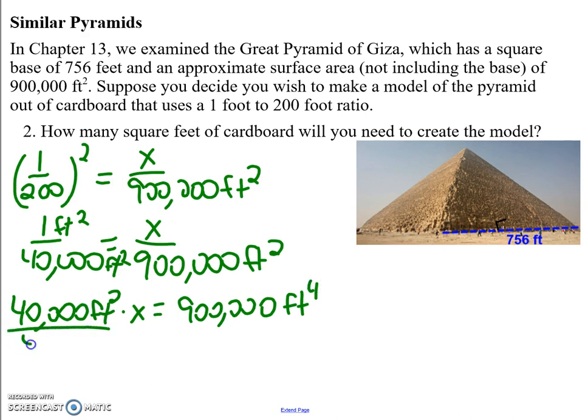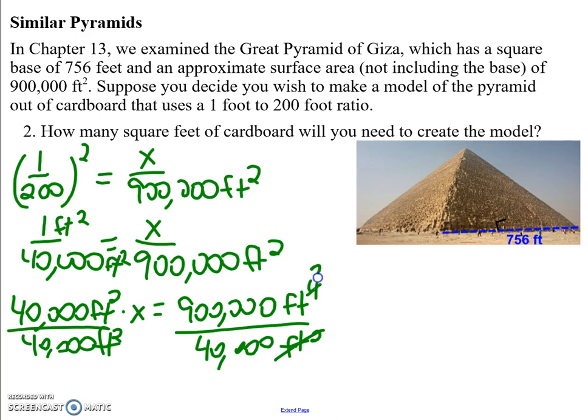So then when I divide by the 40,000 square feet on both sides, I'll see that my units go back to the squared, so that x would be approximately 22.5 square feet. So I would be doing 22.5 square feet of cardboard would be needed to make my model pyramid.